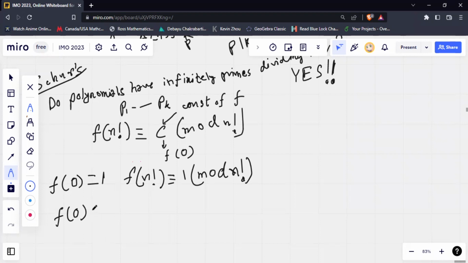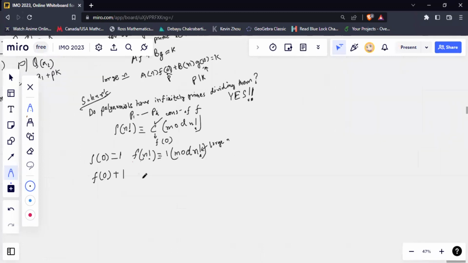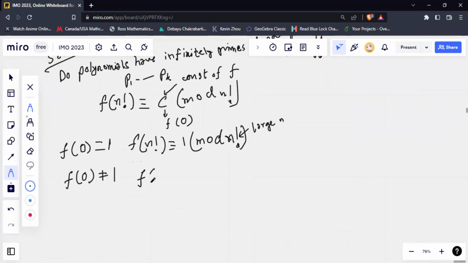So when f of 0 is not 1, we want to force f of 0 to be 1. But how is this possible? Consider the polynomial f of n factorial minus c plus 1.